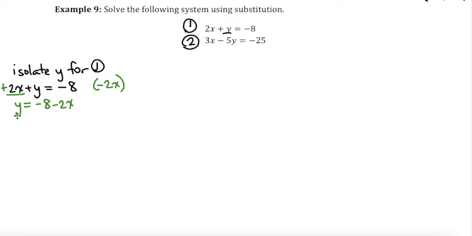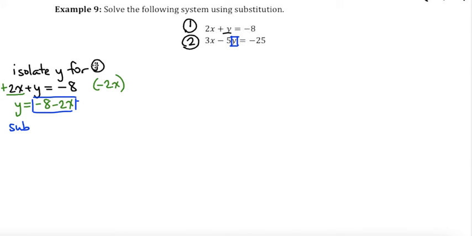So now that I've isolated for y, I'm going to take this value for y that I just figured out right here, and I want to substitute it into the y in my other equation. So I'm taking this expression and I'm putting it into the y in equation number 2.